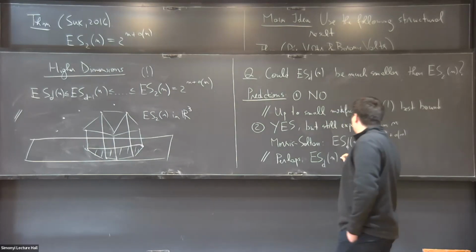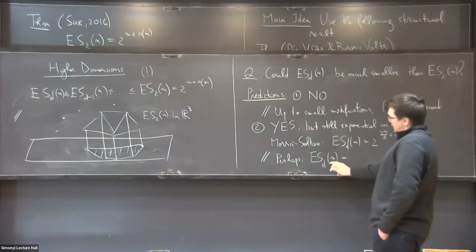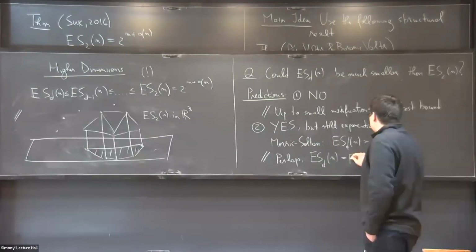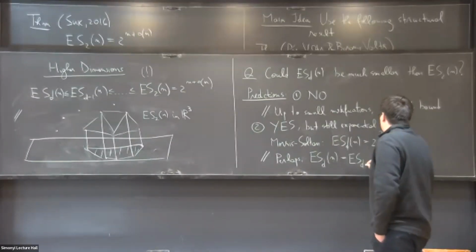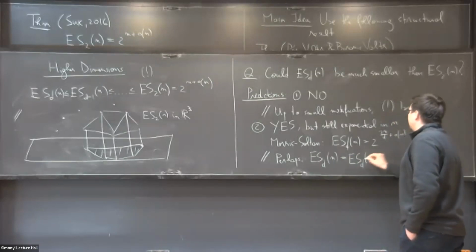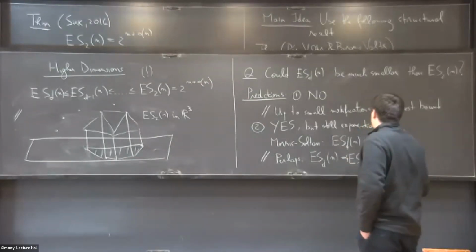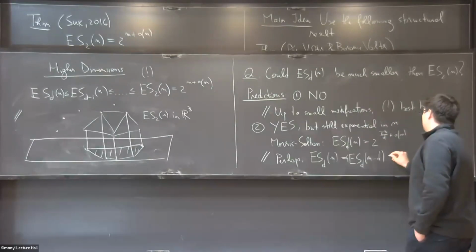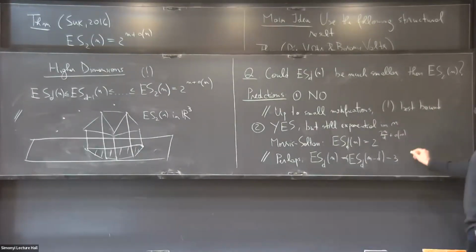So we have this for all choices of n and d: the d-dimensional function at n is the Erdős-Szekeres function at n minus d plus 3. So in particular, this would give 2 to the n minus 2 plus, which is the conjecture of Erdős and Szekeres from the original paper. That is also backed up by a construction.